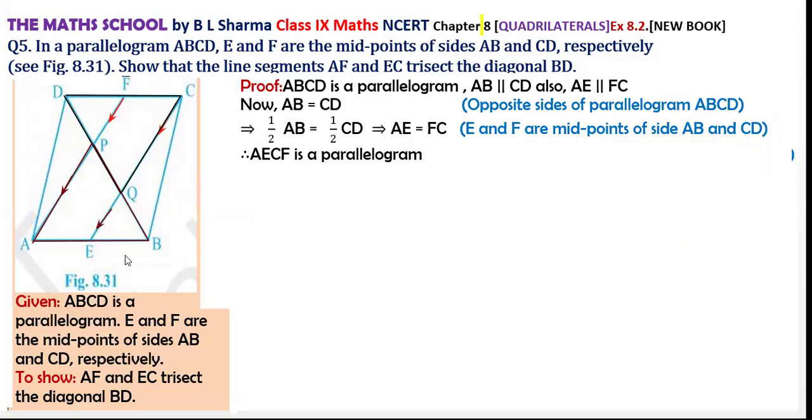And it is also given that E is a midpoint of AB and this EQ is parallel to AP. That is why PQ is equal to QB by converse of midpoint theorem.